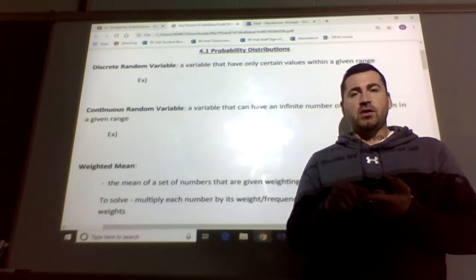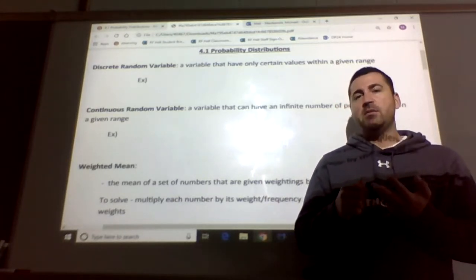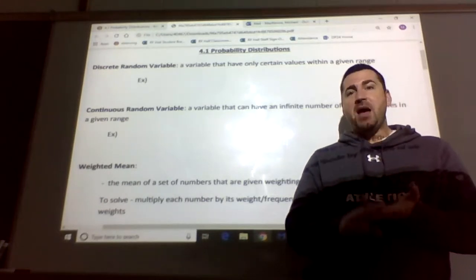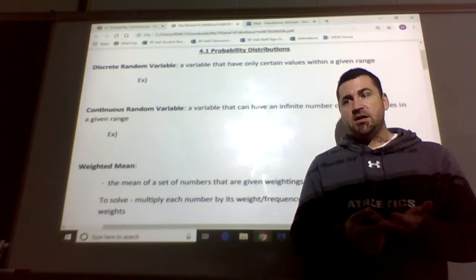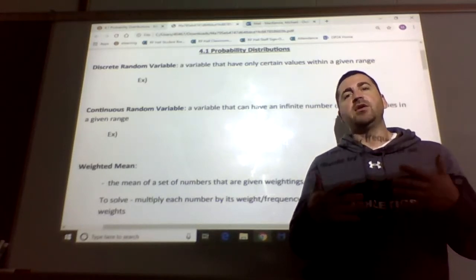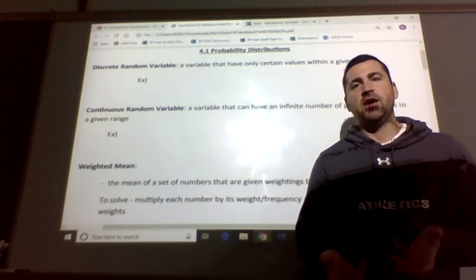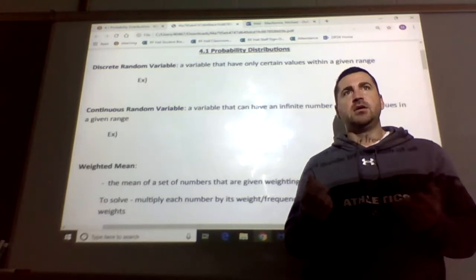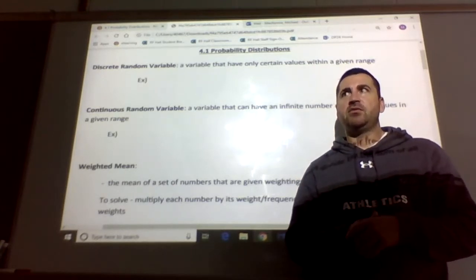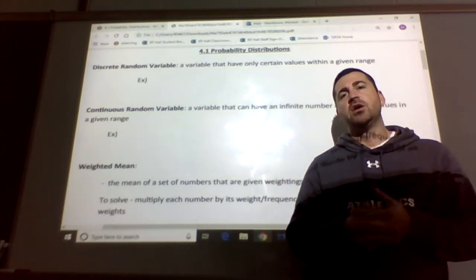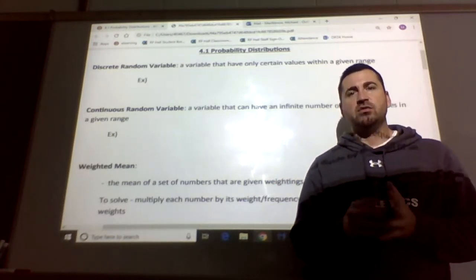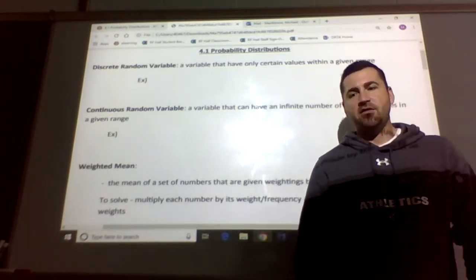You could have 30 seconds, 1 second, a millisecond, an hour, 45 minutes, 30 minutes. You could have so many different values for time, smaller and smaller and smaller.